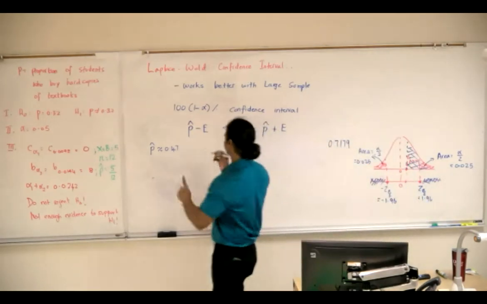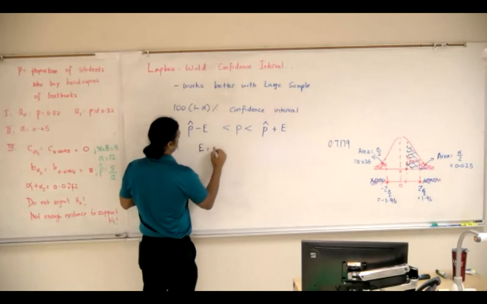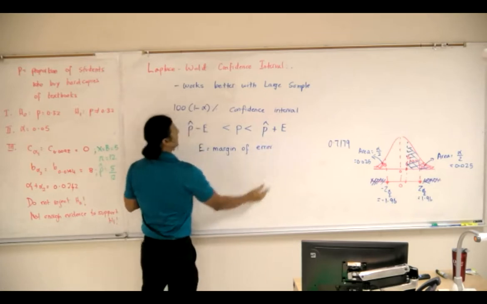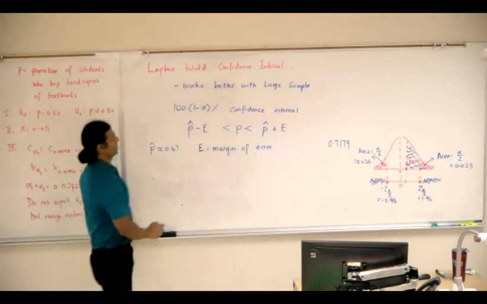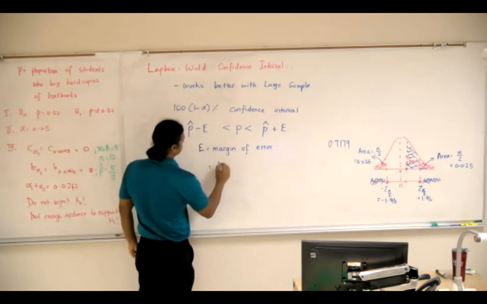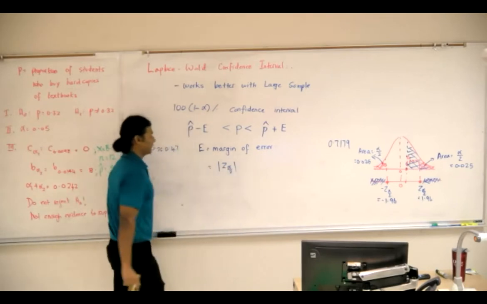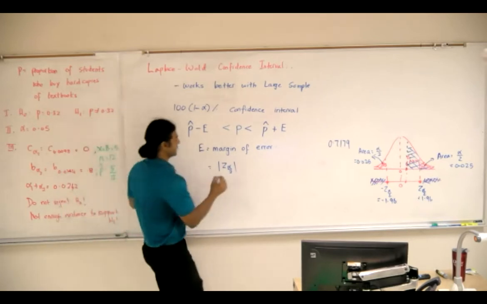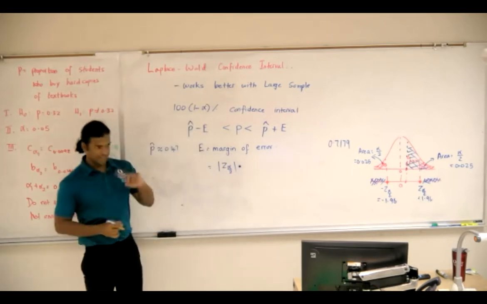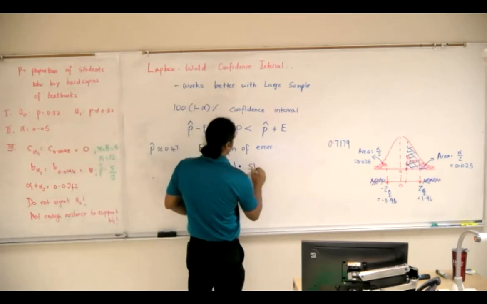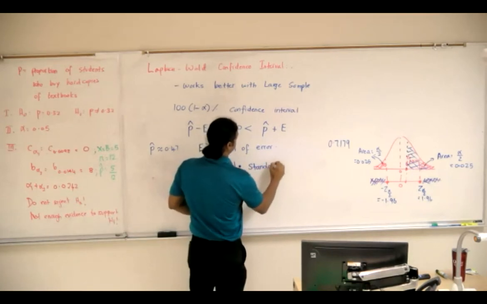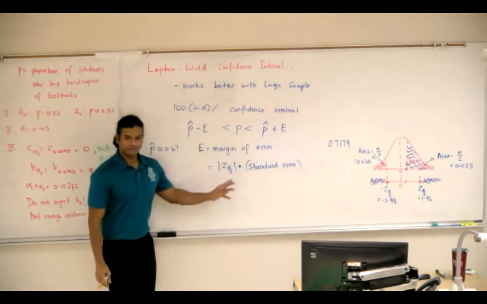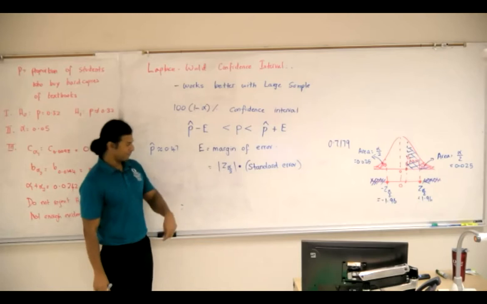So E is the margin of error. And the margin of error is always the product of the absolute value of the critical value that we find multiplied by the standard error. Standard error has a formula.